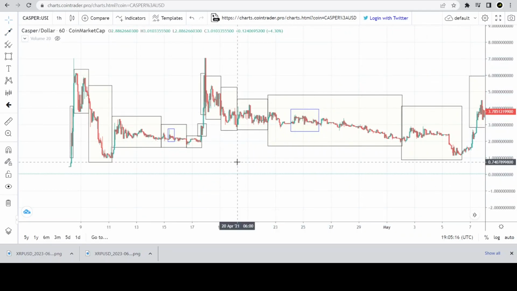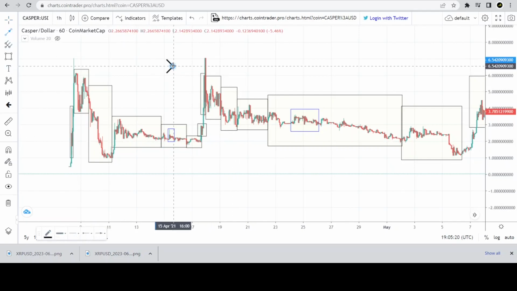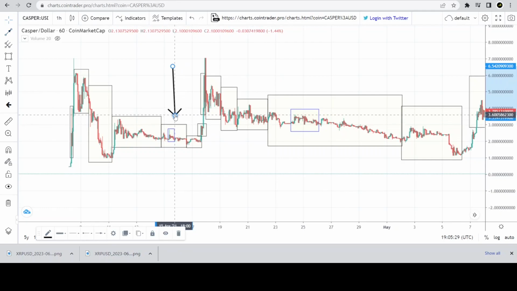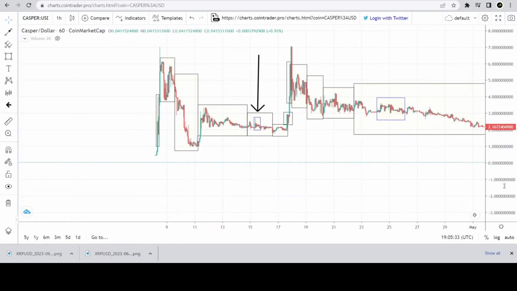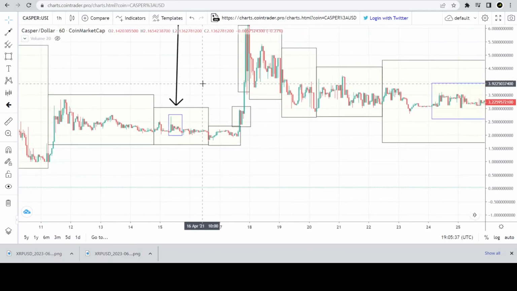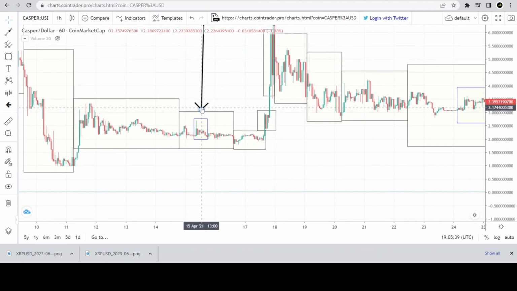Now, I believe Casper is a repetitive structure, and as of now, we have completed all of this on today's chart. We are currently in this structure right here, and in particular, we're in this little blue box right here. Let's zoom in on this and get a better picture so we can understand what this fractal does.